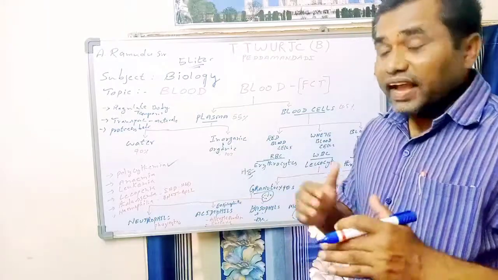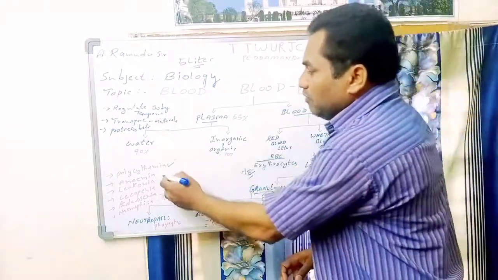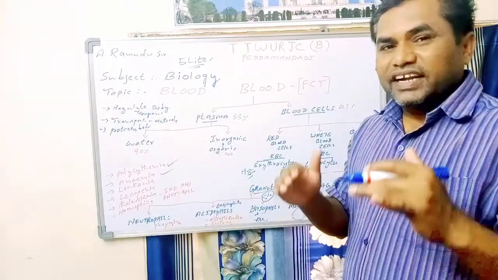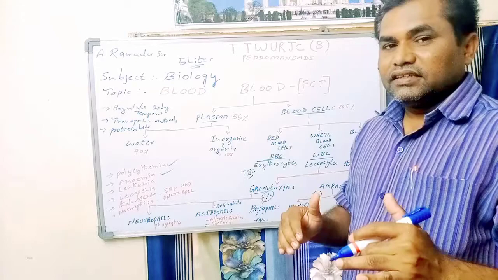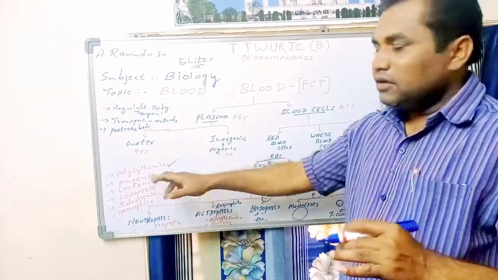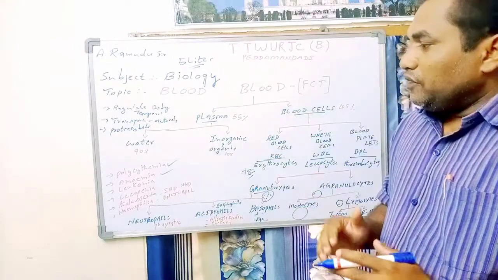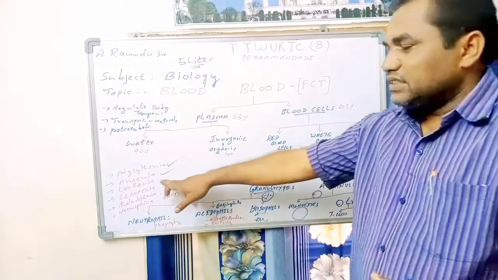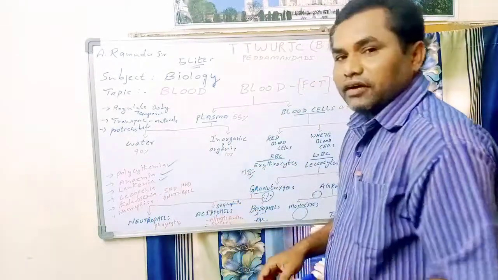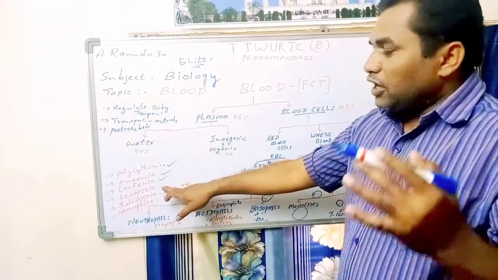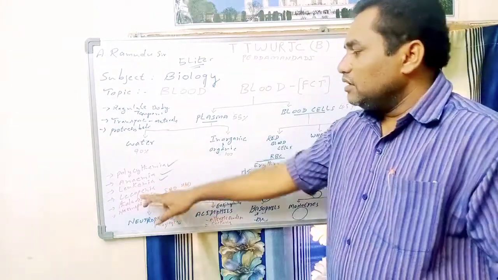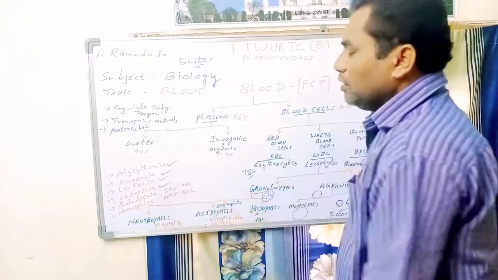Next, anemia: if the red blood cells decrease, that is called anemia. If the WBC increases, that is called leukemia. When the WBC decreases, that is called leukopenia.